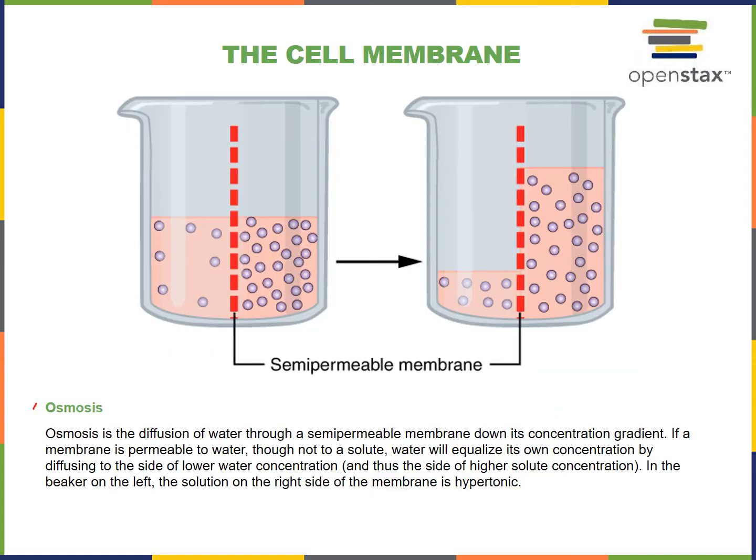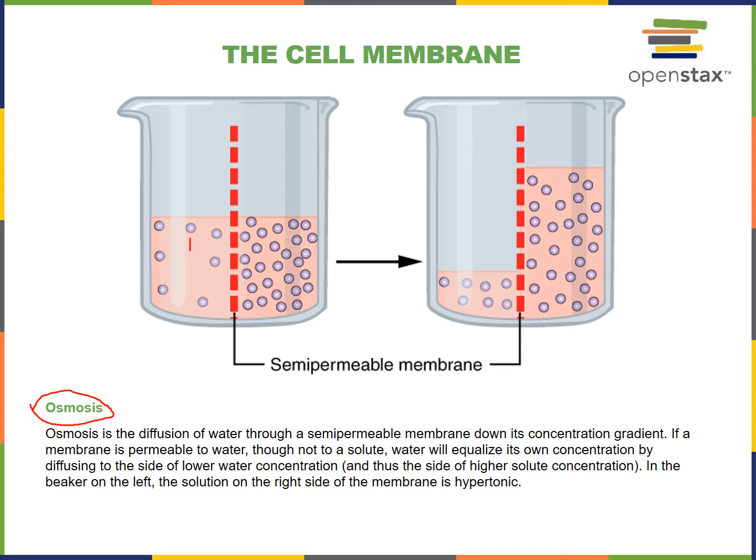And the osmosis, as you can see here in these 2 jars, which compartment has more water now? The left side, right, have more water. So it's the movement of the water from high concentration to low concentration. So this on the right side has a hypertonic solution, which has a lot of solutes but less water.